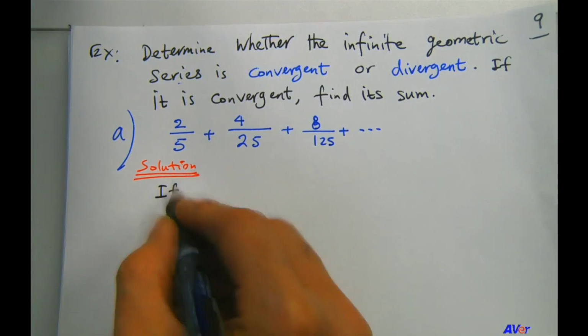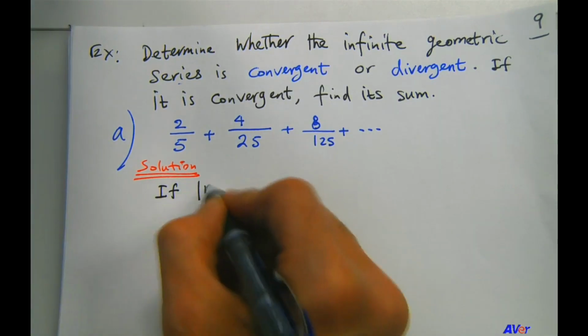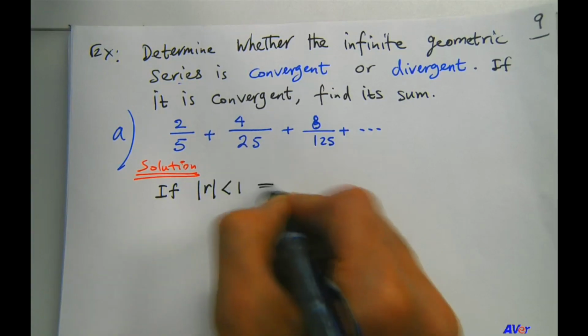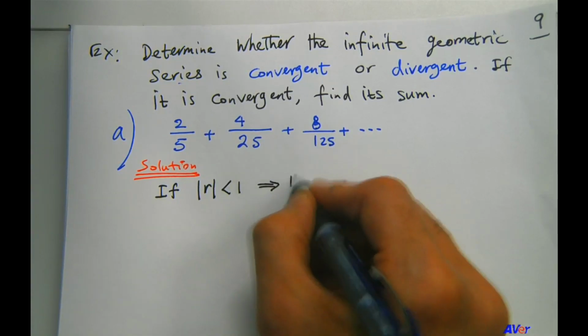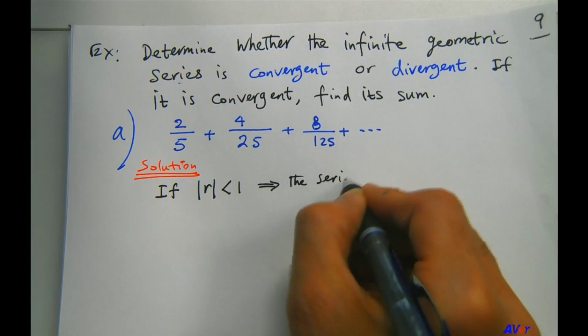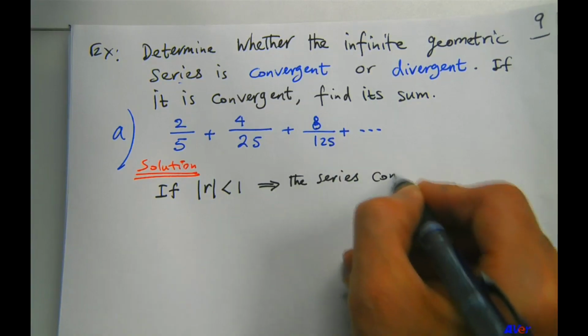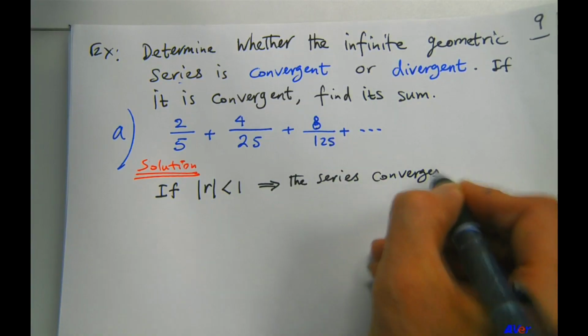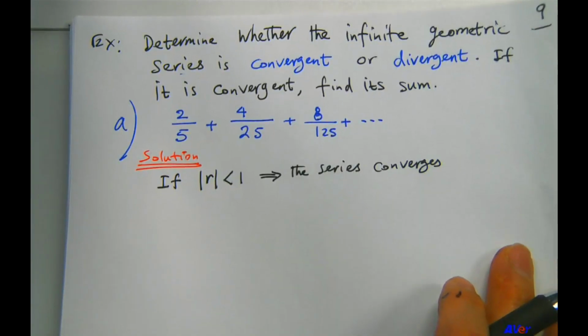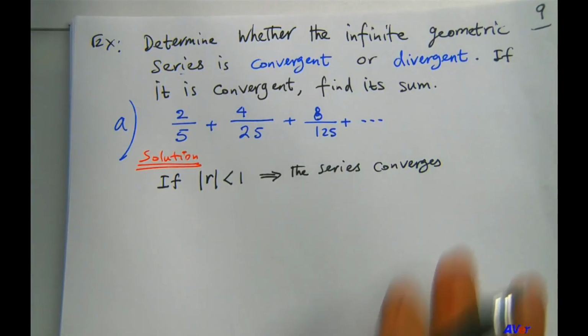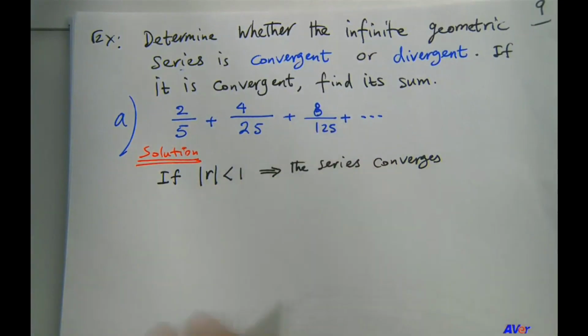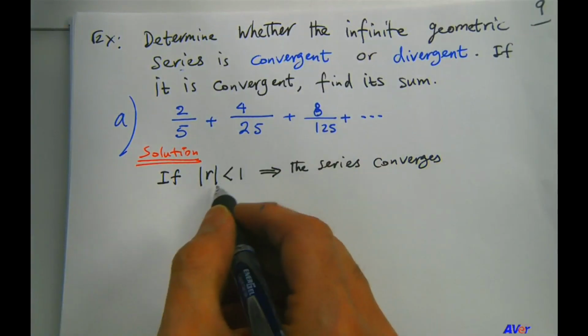So we know that if the absolute value of r is less than 1, then the series converges. I'm just reminding us of what we had on the second page of this lecture series for this video.